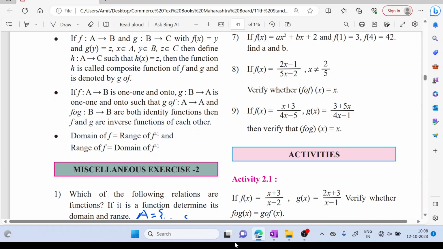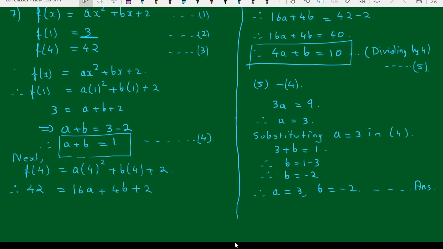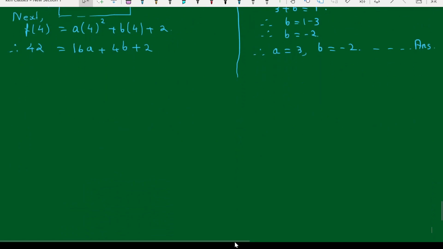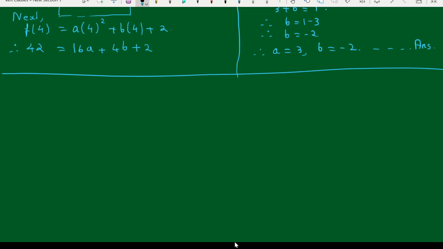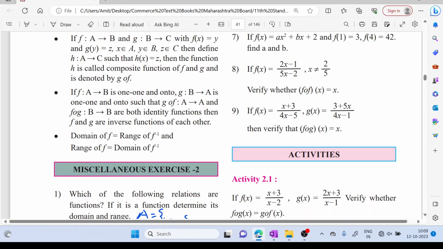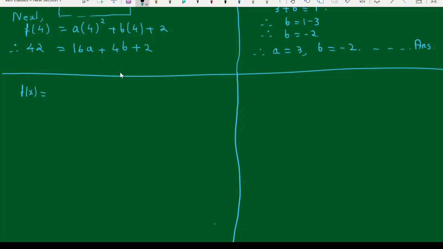F of x is equal to 2x minus 1 upon 5x minus 2, where x is not equal to 2 by 5.